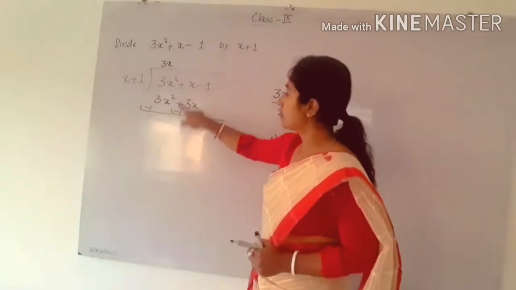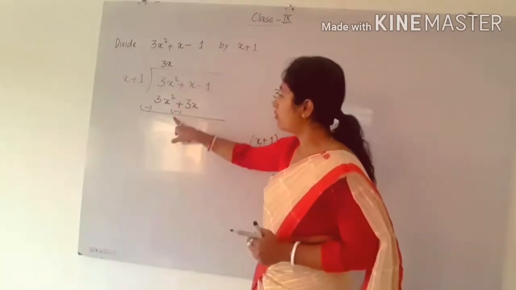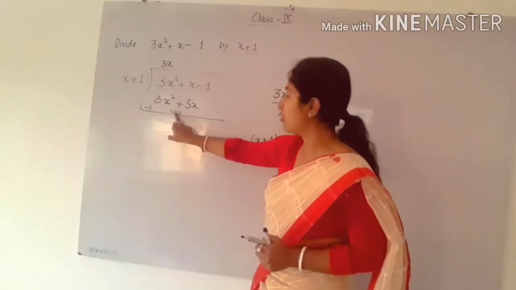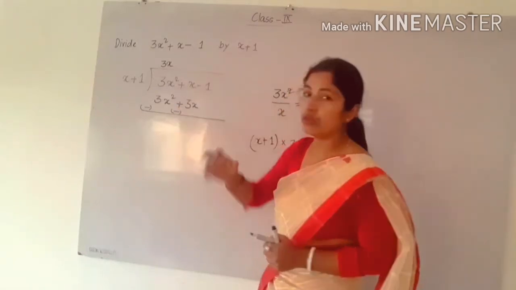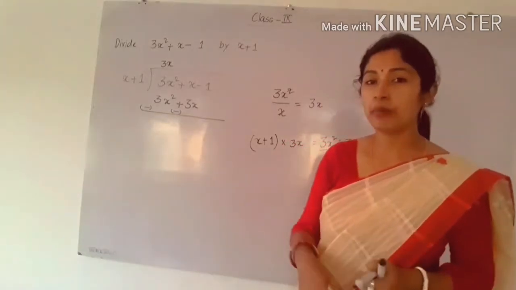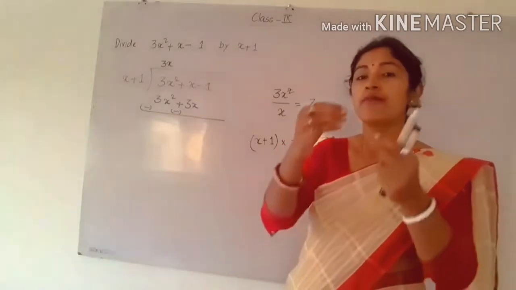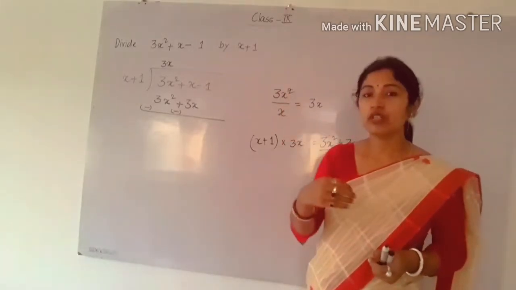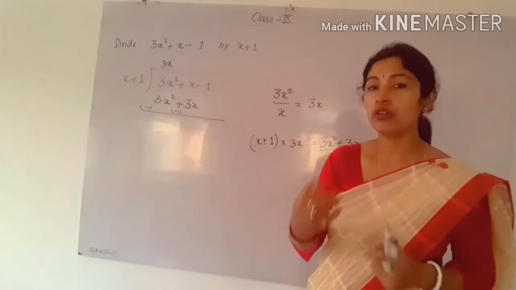Next, x minus 3x. For solving, you have to see the minus sign, because the sign will change. Already you know, when we divide a number by another number, after writing the quotient, you write one number below the dividend and then do subtraction.